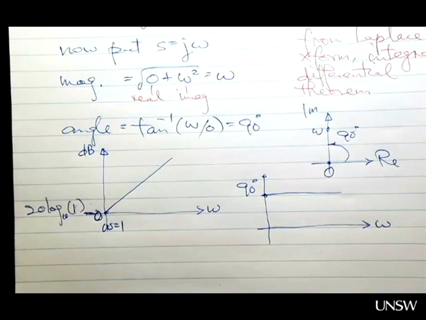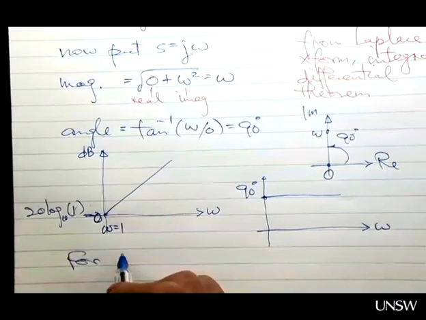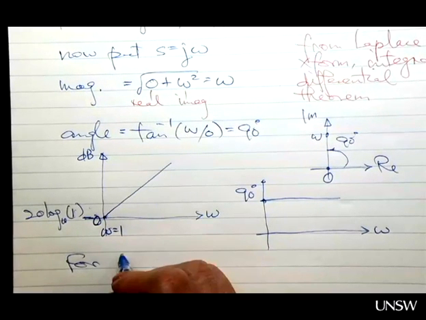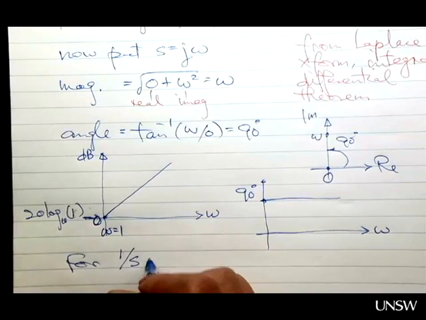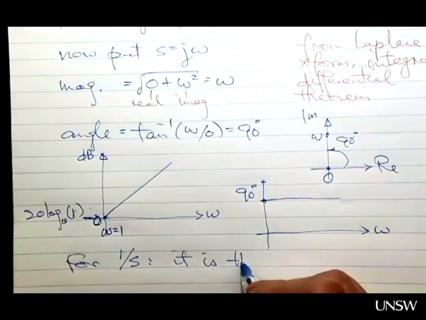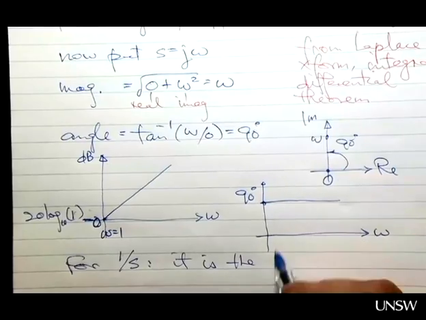So for the integral term, 1 over s, it is the inversion of s.